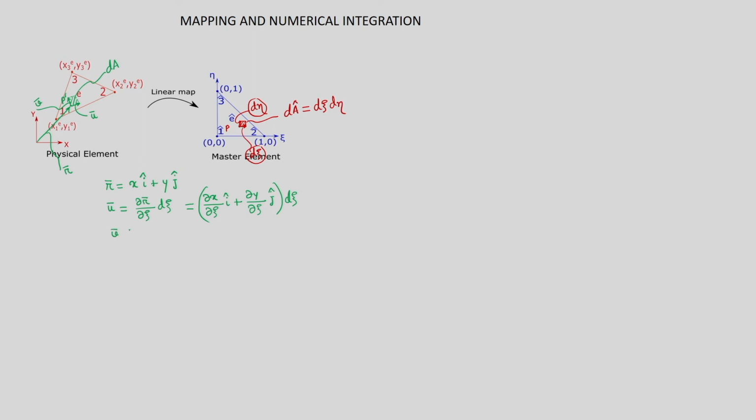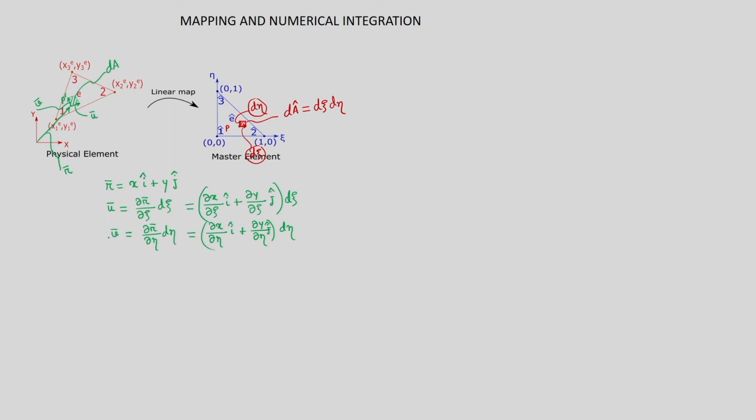Similarly, v we can write as del r del eta d eta, and that is written as del x del eta i plus del y del eta j, d eta. So, i and j are the unit vectors here along x and y.